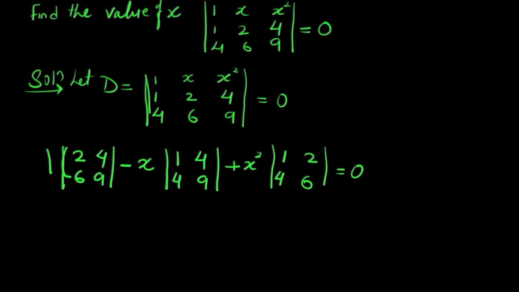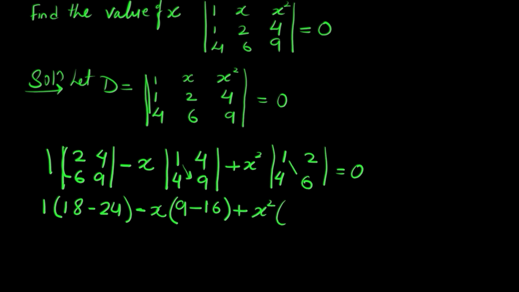We have to solve. Multiply 2 times 9 is 18 minus 4 times 6 is 24, minus x, 1 into 9 is 9, 4 times 4 is 16, so minus 16, plus x squared.